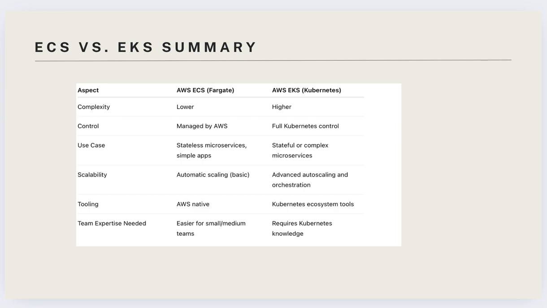I hope this helped clarify the differences between AWS ECS and EKS and gave you a better idea of how incoming requests flow through the ALB and are routed based on service needs.